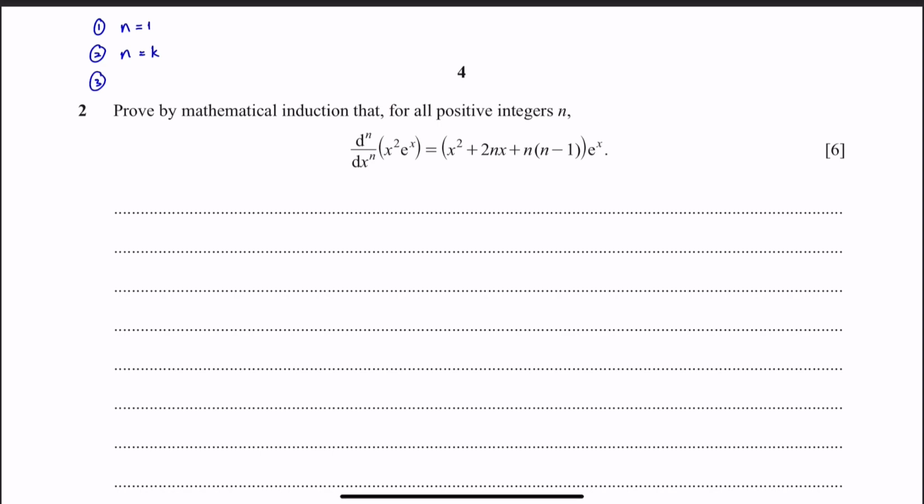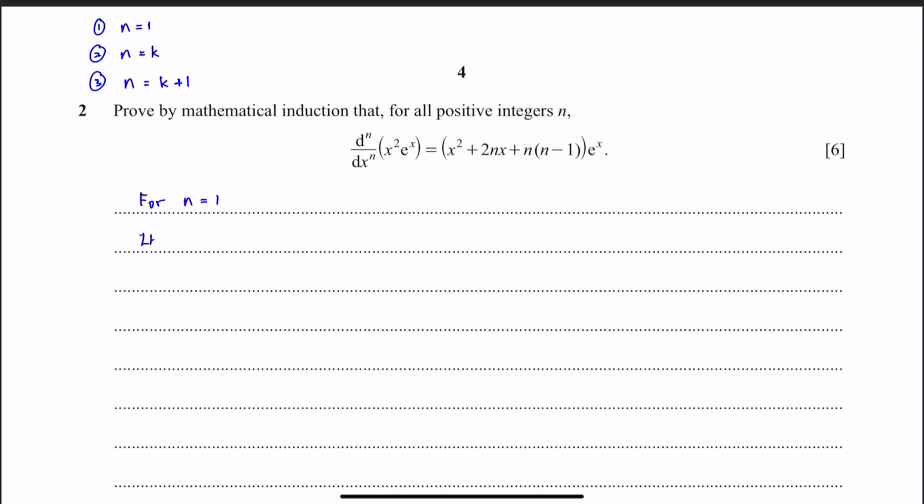And third, n equals to k plus 1. So let's start with n equals to 1. For n equals to 1, we need to prove that the left-hand side is equal to the right-hand side of the equation.